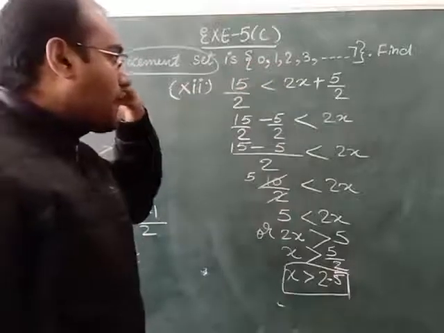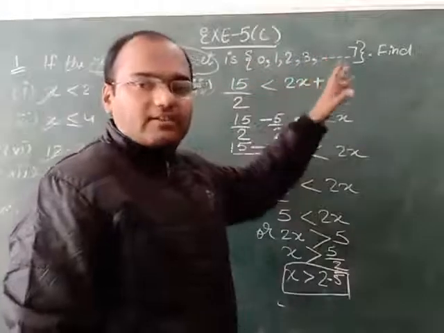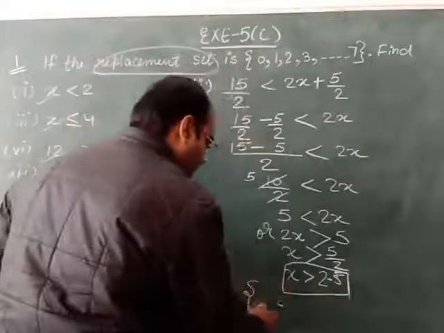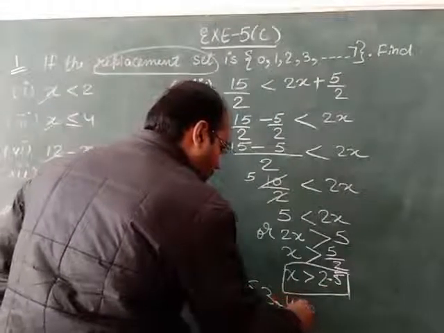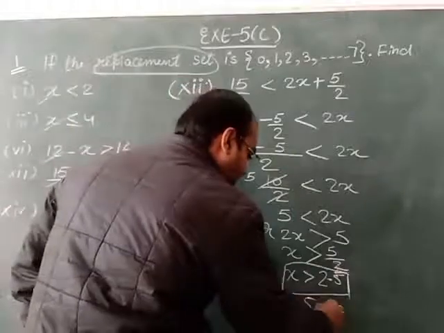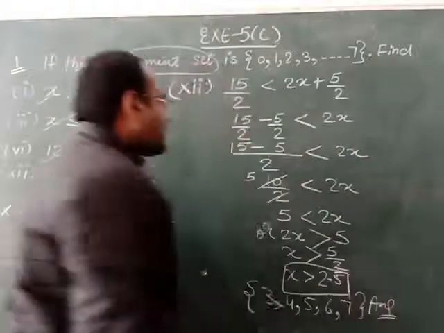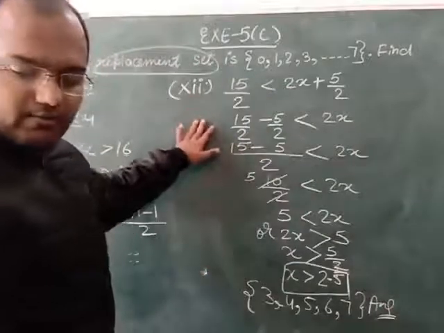Greater than 2.5 is 3, 4, 5, 6 and 7. So the final answer is 3, 4, 5, 6 and 7. So this is your final answer of part number 12.